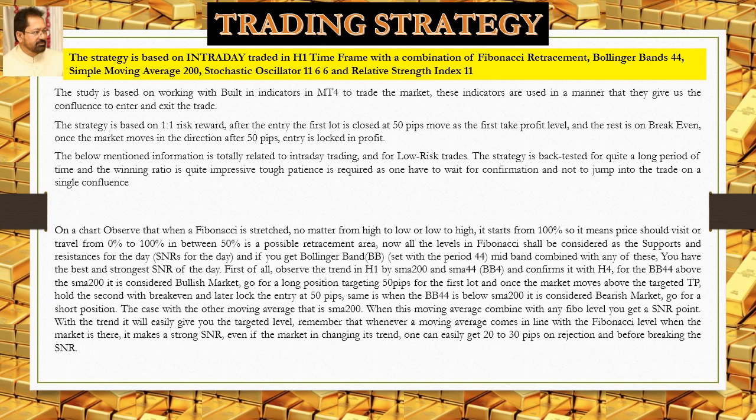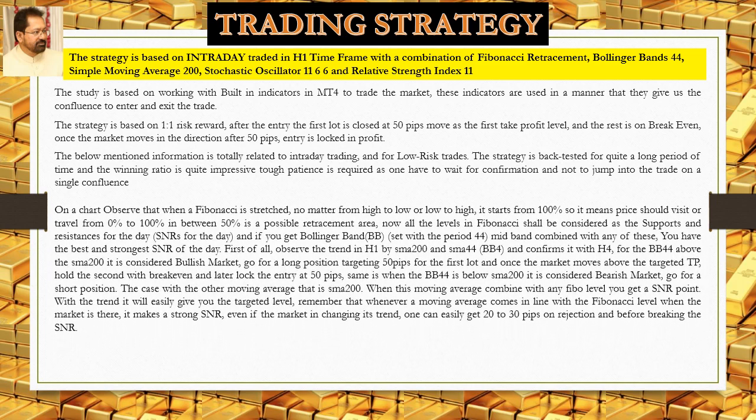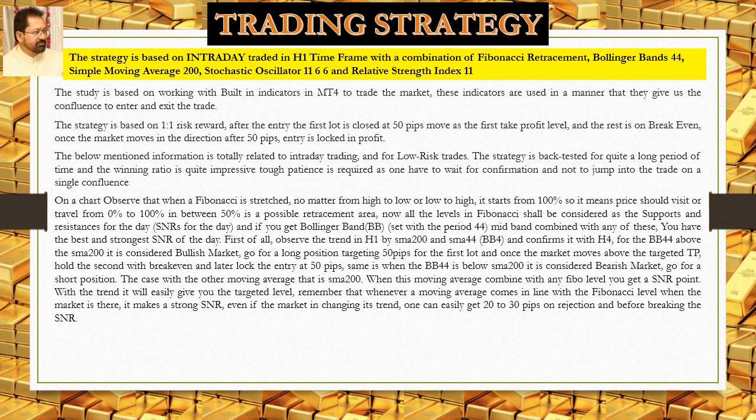On a chart, observe that when a Fibonacci is stretched, no matter whether from high to low or low to high, it starts from the 100% level, so it means price should travel from 0% to 100%. In between, 50% is a possible retracement area or pivot point for the day.